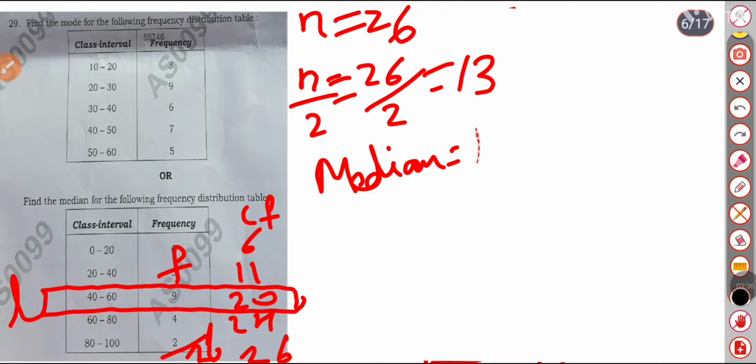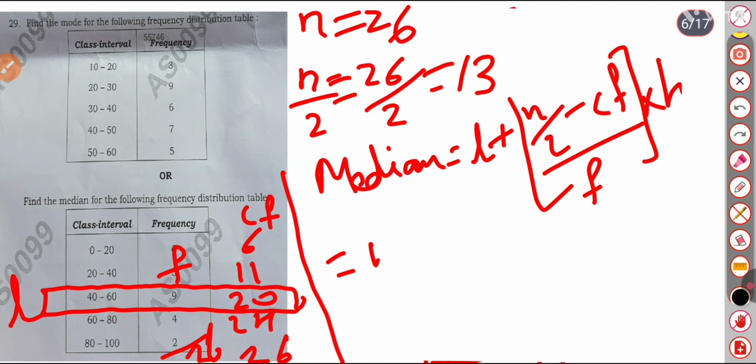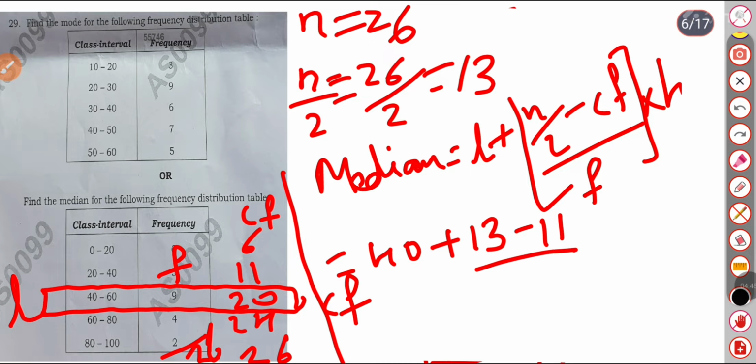Same median class. Now see, what is the formula for median? Median is equal to L plus n by 2 minus CF by F into H. See here, L is 40, n by 2 we already got, that is 13, minus CF, which is the cumulative frequency above that, which one we marked, that is 11, by F, which is 9, the same frequency which we marked, into H. H is what?